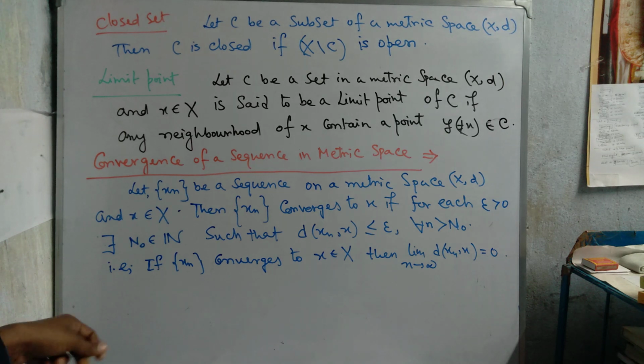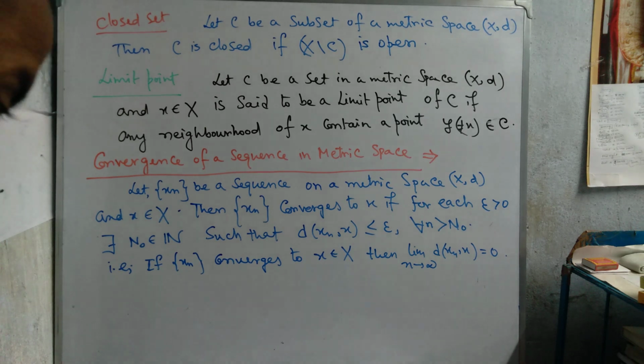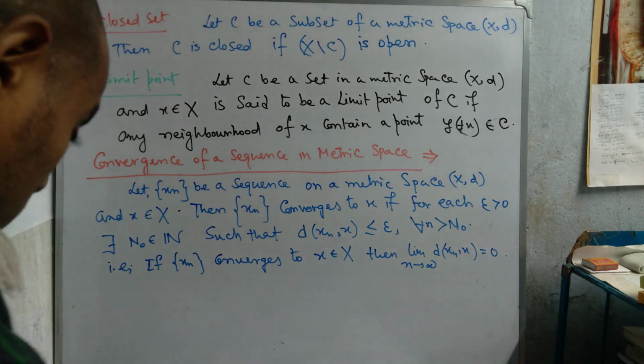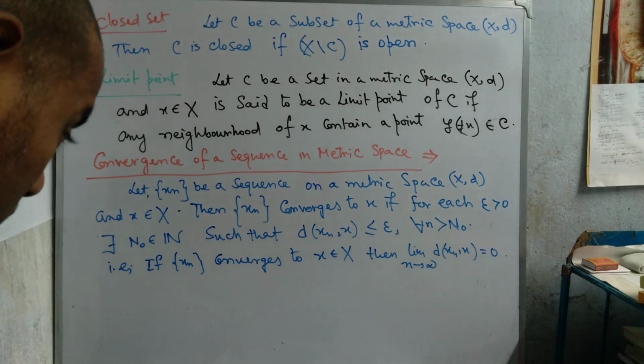Now we also discuss convergence in normed space. In normed space, convergence is divided into two parts: strong convergence and weak convergence.